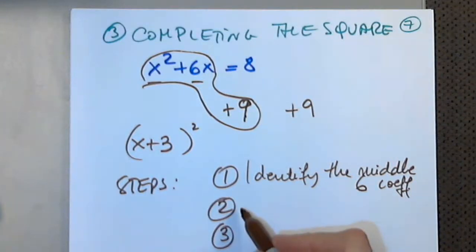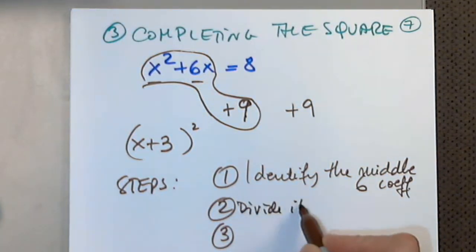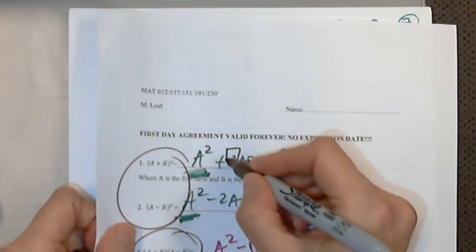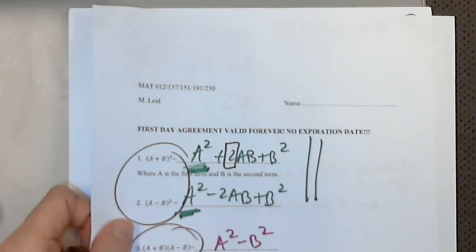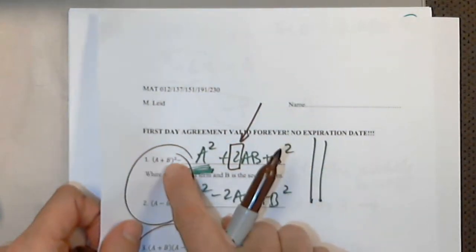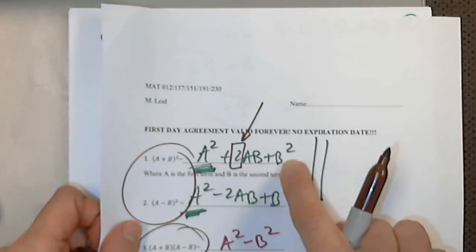Perfect. In step 2, divide it by 2. Why do I divide it by 2? Because of this. To find out what this should be, and then square it.